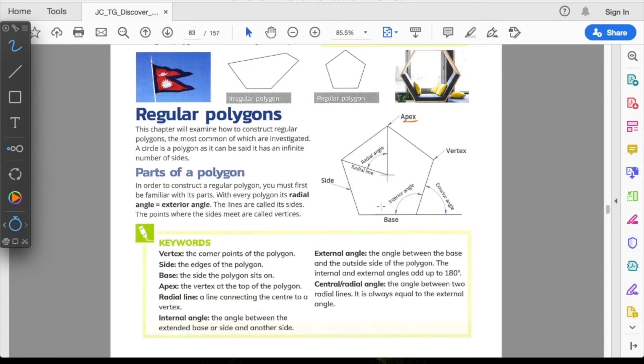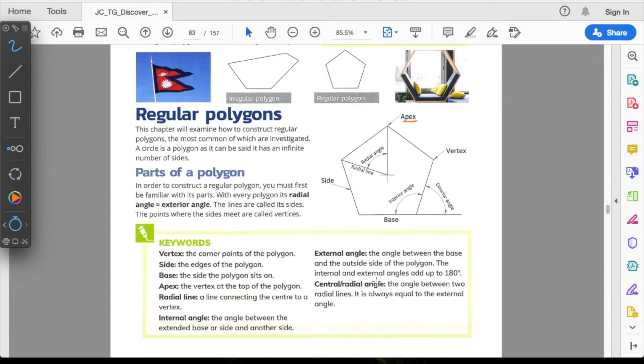Okay, and then you have the number of sides. Okay, so they're the main things when it comes to what the different terminology is and the different names, and you need to know what the names of these are. Okay, because you could be given information with these names. Okay, so we need to know that construction. And down here in the keywords, it gives a little bit more detail into it as well if you want to know what it is.